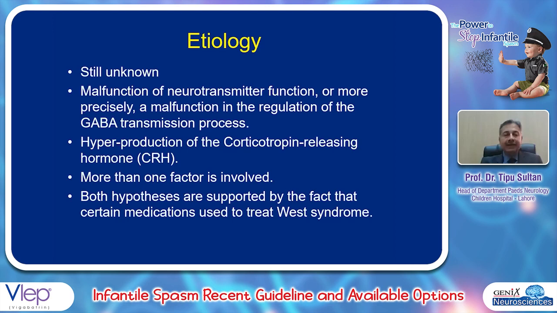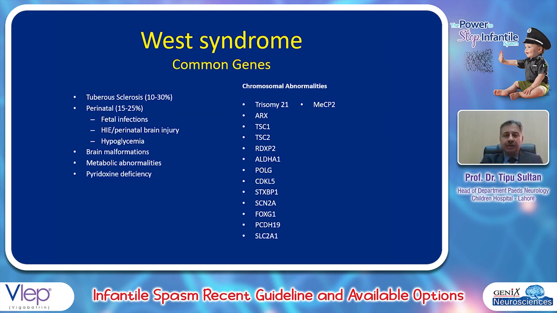These are some of the common syndromes and common chromosomal abnormalities in children with infantile spasm or West syndrome. On the left side of the slide, you can see some of the common metabolic abnormalities which contribute to the development of West syndrome. And on the top, you may be surprised to see that up to 30% of children with West syndrome or infantile spasm have tuberous sclerosis.